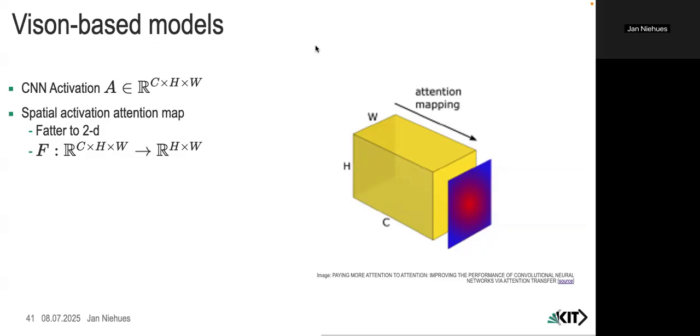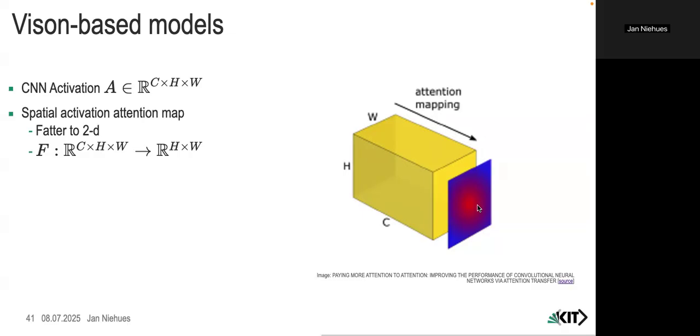For each pixel, so width times height, you have different channels which learn different types of features that got activated for each of the pixels. What you now want to do is map it back to the original image, saying how important is each pixel in your CNN? How much activation does it put into my network?